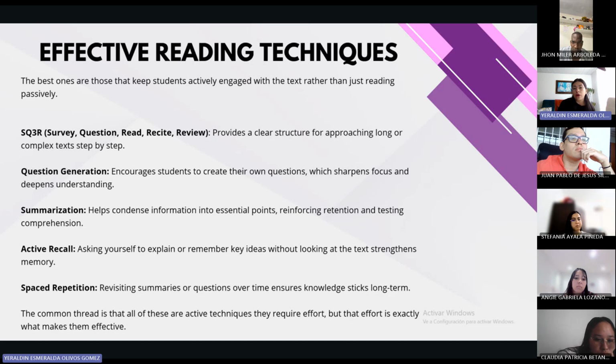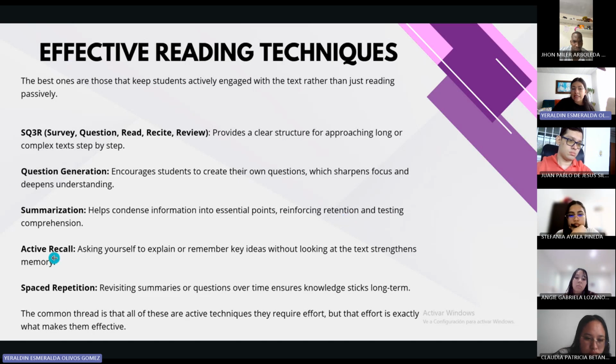It provides a clear structure for approaching long or complex text step by step. Question generation: encourage students to create their own questions, which sharpens focus and deepens understanding. Summarization: helps condense information into essential points, reinforcing attention and testing comprehension.